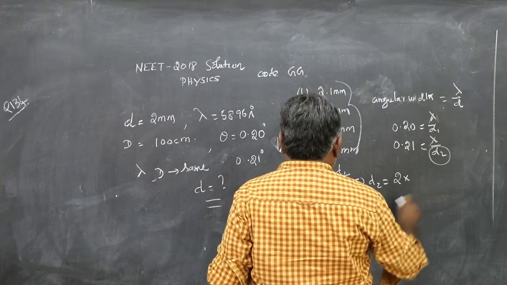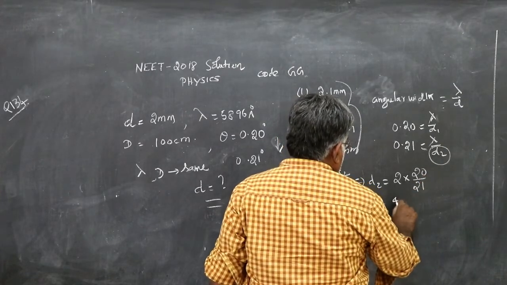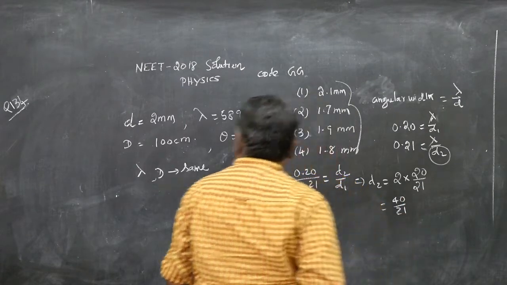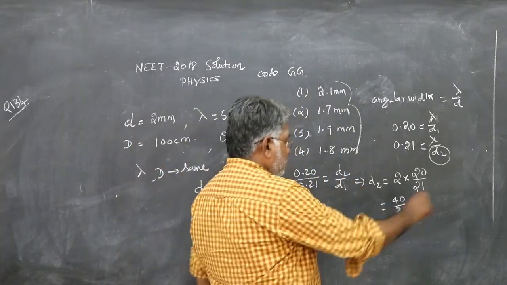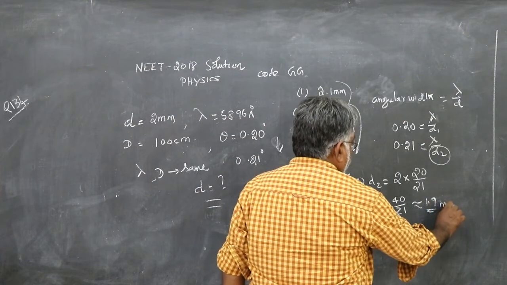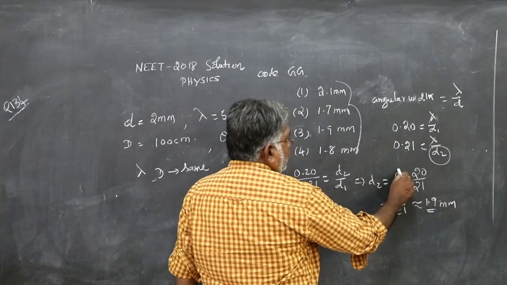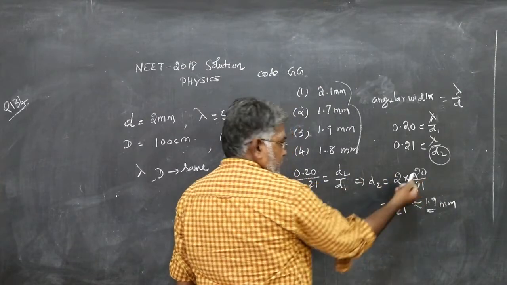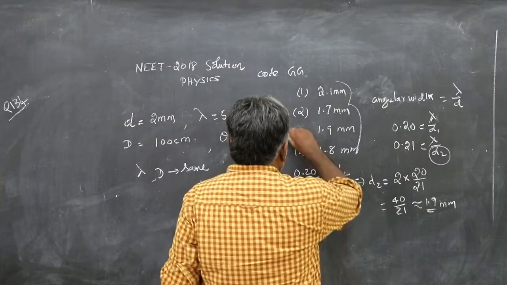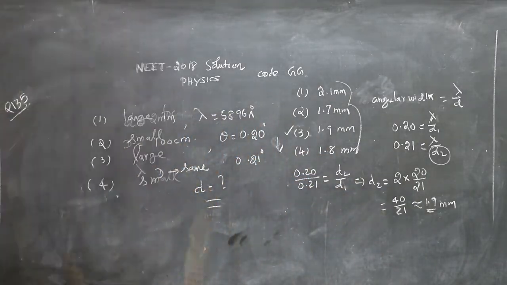So 0.20 by 0.21 is 20 by 21, so 40 by 21. This will be approximately 1.9 millimeter, because you put d1 in millimeter, so d2 is also in millimeter, it's a ratio. So the answer is option 3. Okay? Yes. Next question.